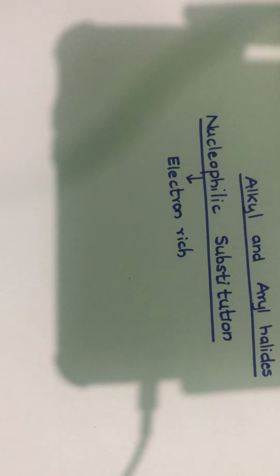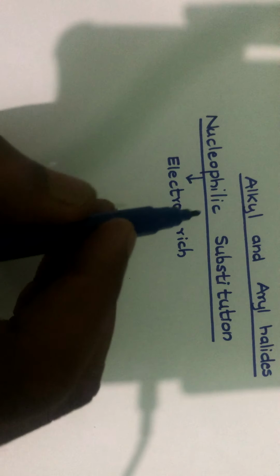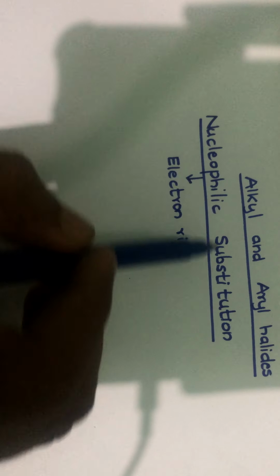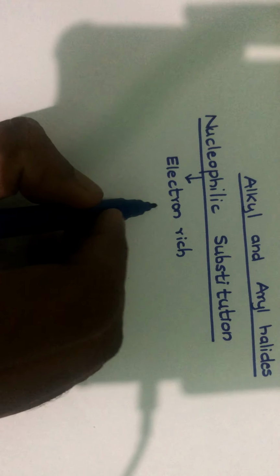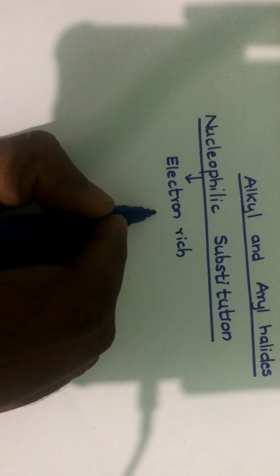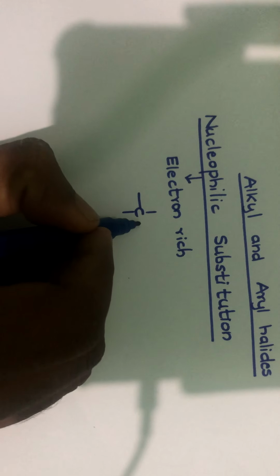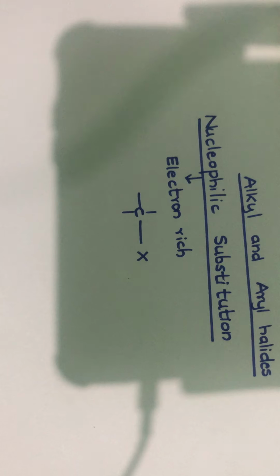Now let us study this nucleophilic substitution reaction with respect to alkyl halides. When I say alkyl halide, there will be an alkyl part and a halogen part. When you compare the electronegativity of carbon and halogen, halogens are generally more electronegative than carbon.